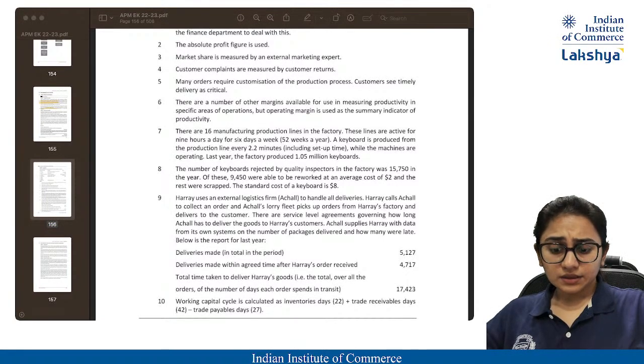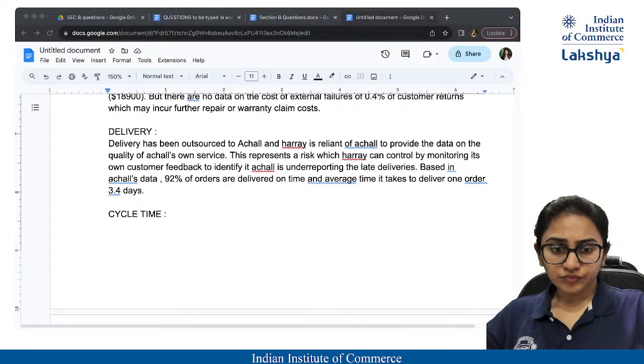So what can you write about the cycle time? Cycle time, the more the better or the less the better?